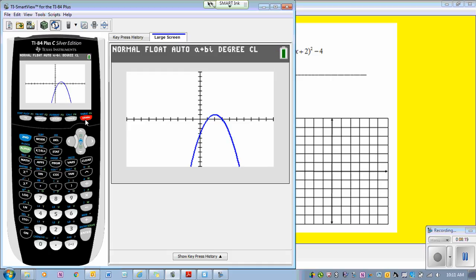Does your graph look like mine? Alright, so if I want to find the vertex, the vertex looks pretty nice here. What do you think it is?